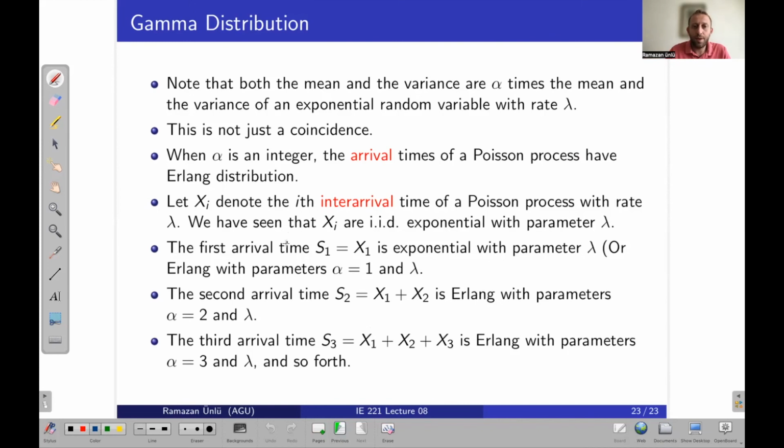And the first arrival time, S1, which is equal to X1, is exponential with the parameter lambda. And the following arrivals will be Erlang with the parameters alpha 2 and lambda. For the third arrival time, the alpha will be 3 and lambda will be constant, and so forth. It will be the same for the following arrival times.